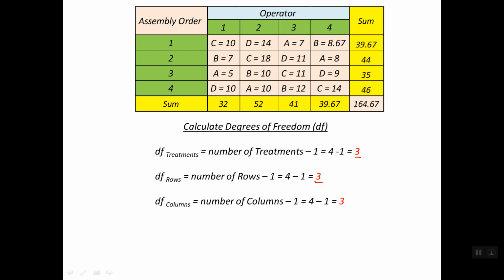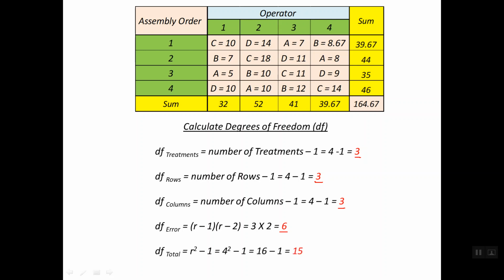The degree of freedom for the columns, and the columns represent the operators, is equal to the number of columns minus 1, same, 3. And regarding the degree of freedom for the error, we simply multiply r minus 1 times r minus 2. Here r represents the number of rows, which is the same as the number of columns and the number of treatments. So r minus 1 is 3, multiplied by r minus 2, which is 2, so we have 6.